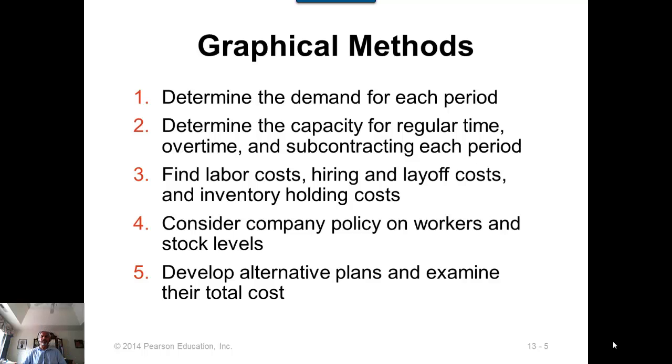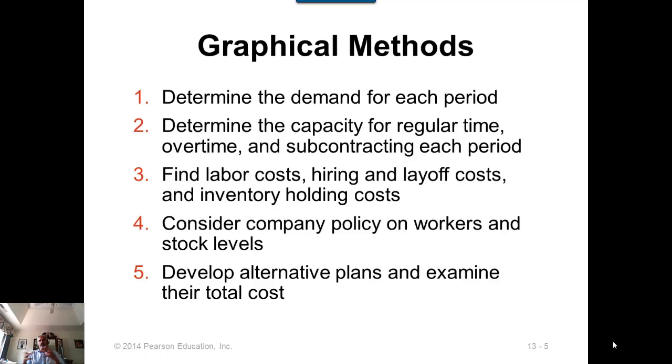And then of course we have to consider the company policy on worker and stock levels. If the company has a policy of not hiring and firing workers, then you have some constraints on that count. Or if the company says you cannot have more than 10% stock level overall in inventory, that puts some additional constraints.